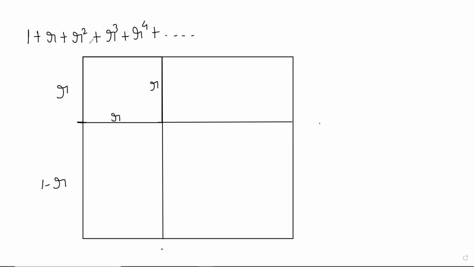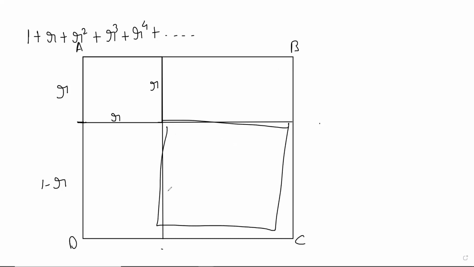What I'm saying is we can make a copy of the bigger square ABCD inside this one, with the structure.